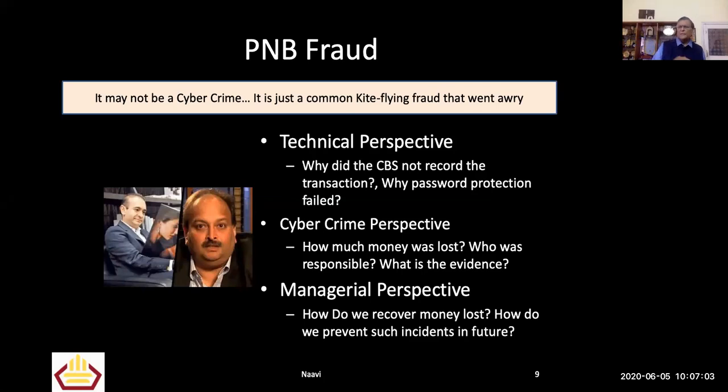Now, very recently, we had this Punjab National Bank fraud case. 11,500 crores. Punjab National Bank was cheated. The press and everybody talked about it as a financial fraud and so on. But as an observer of cyber crimes, you should also look at how this particular fraud happened.